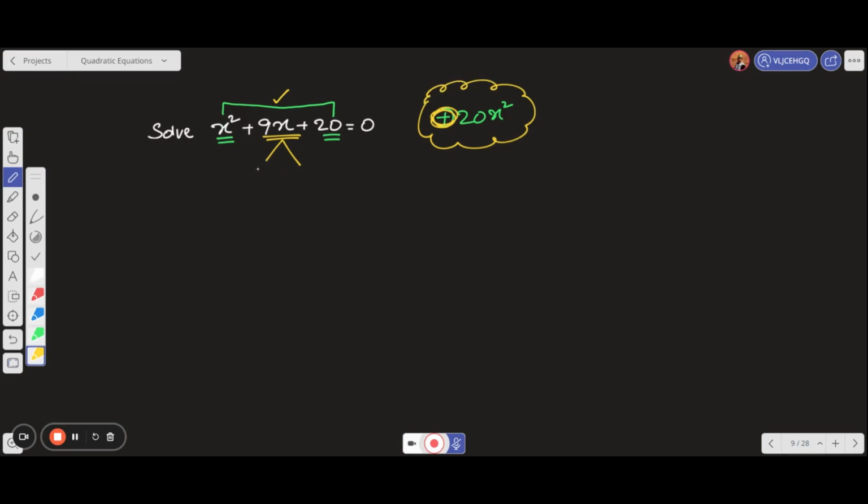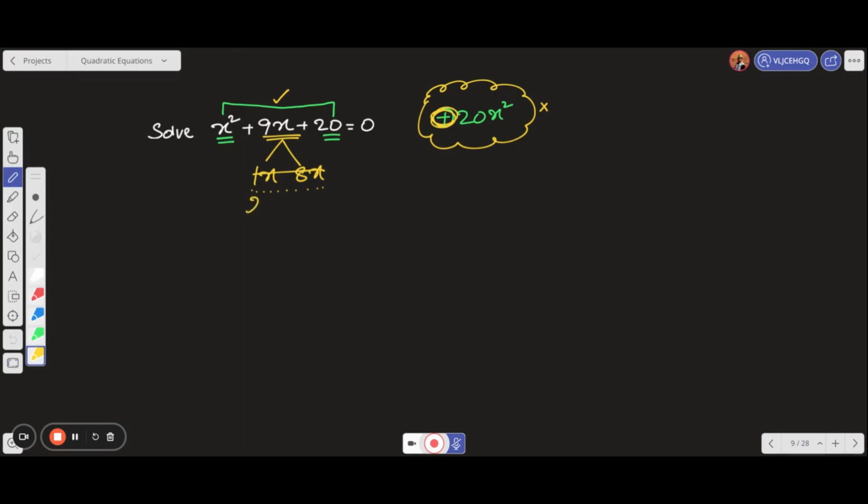So let's start with 1. 1x plus, what number shall I add to make it 9? Yes, it is 8x. Well, when I multiply 1x times 8x, will I get 20? Obviously no. So let's try the next combination.